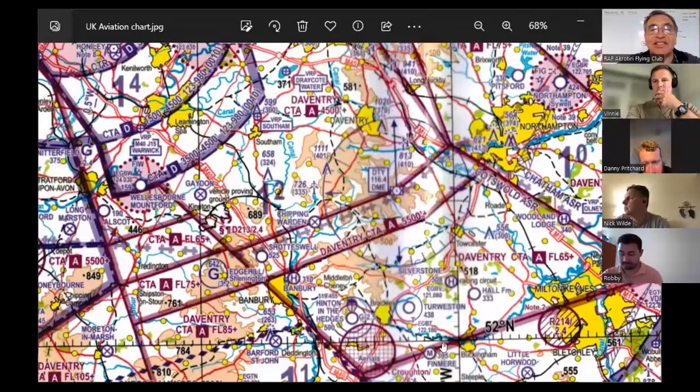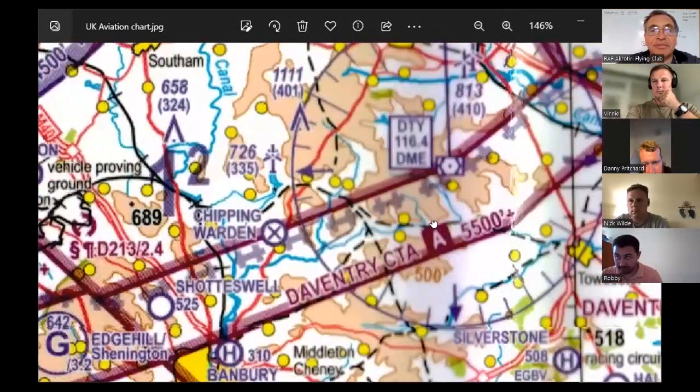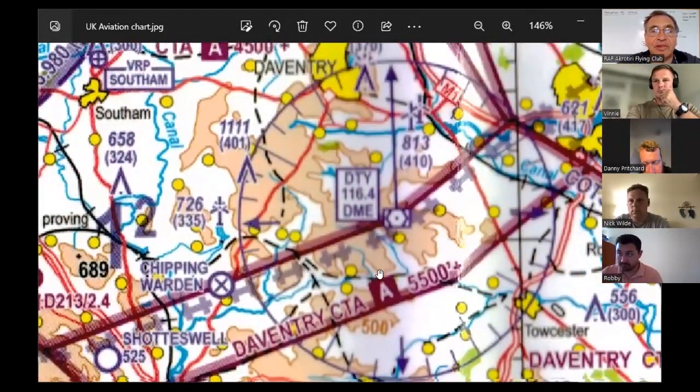Okay, well here's the Daventry VOR. So this is what it looks like. Can you see how the VOR is quite a lot different? We've got this hexagon that we discussed with a dot in the middle of it, and you'll notice that this has got a compass rose around it.